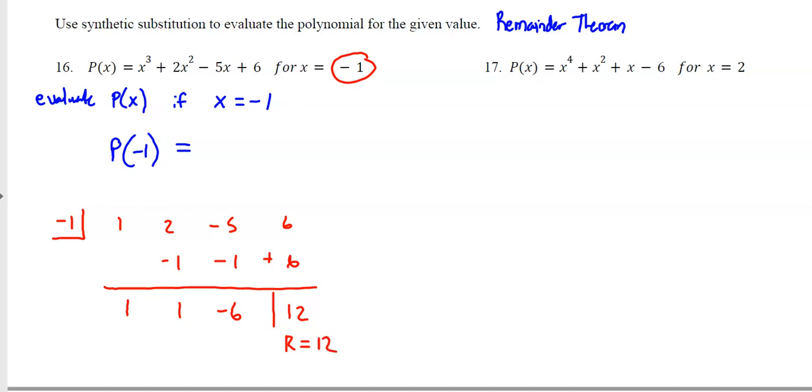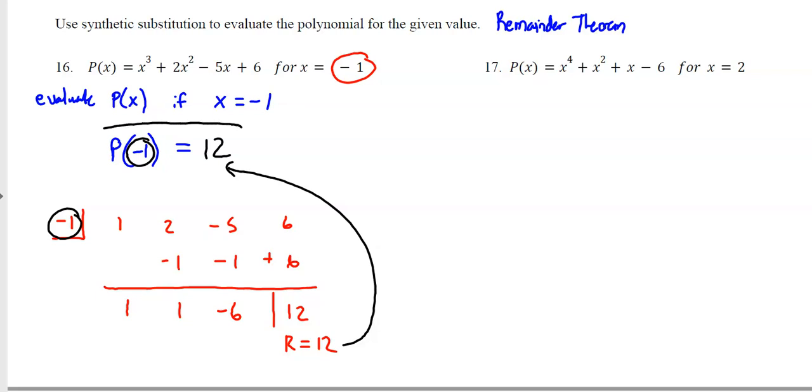And whatever that remainder is, that means that -1, when you plug it into the equation, you actually get the answer of 12. So it's a way to evaluate a function using the remainder from synthetic division.